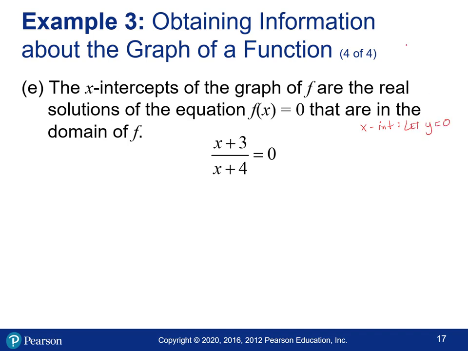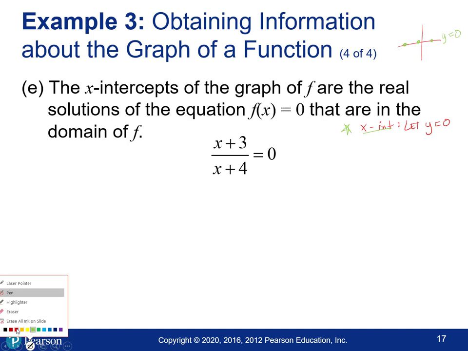Okay, always, because if you think about the graph, let me just draw it real quick. If you think about graphing, then you're going to hit the x-axis anytime you don't move up or down from the x-axis, which is always when y is 0. Okay, so always, always, always, if you're looking for x-intercepts, you just let y equal 0.